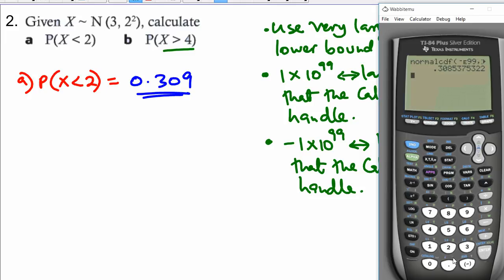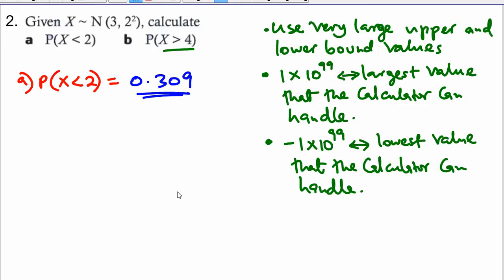Negative E99 is the same as -1 times 10 to the power of 99. This is how the calculator is programmed. The calculator will recognize that you're looking for the smallest value the calculator can handle. Anyway, I'll move on to B.